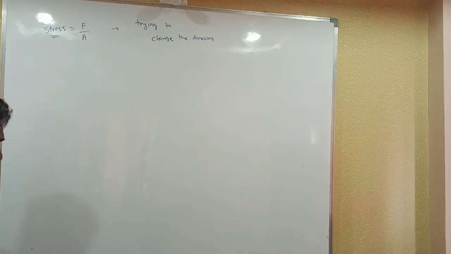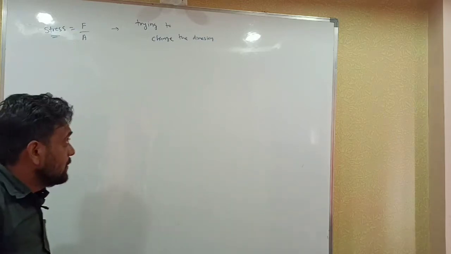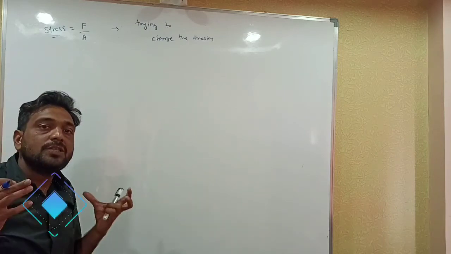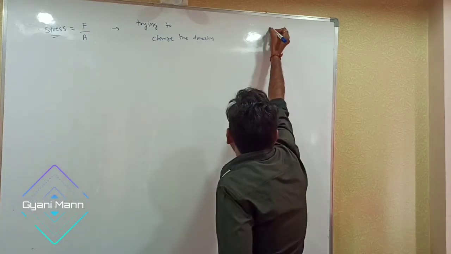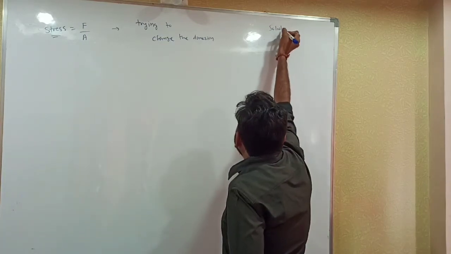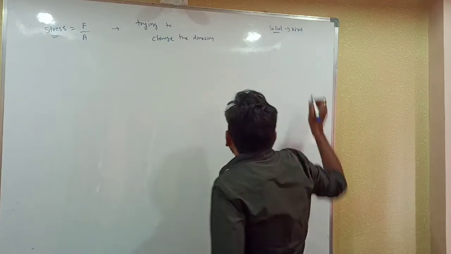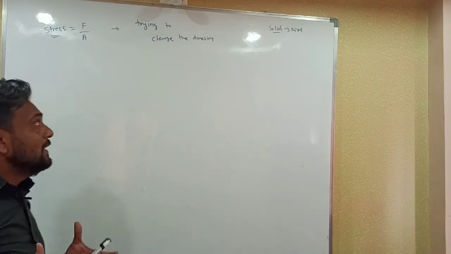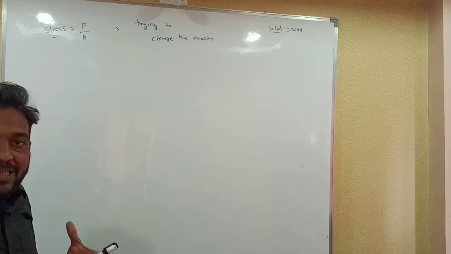Okay, what is the tendency of stress? The tendency of stress is trying to change the dimension of the solid component. Why? We very well know that the solid is a rigid body. Rigid means it is trying to maintain its dimension, trying to maintain its shape.